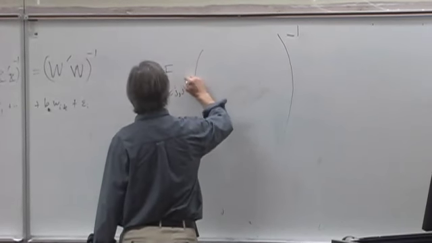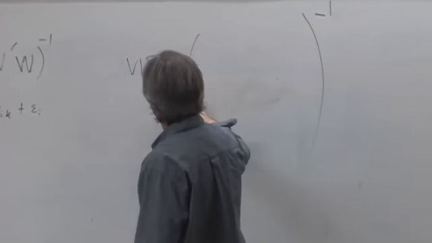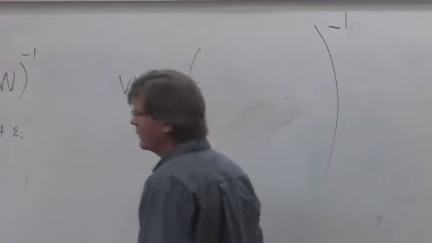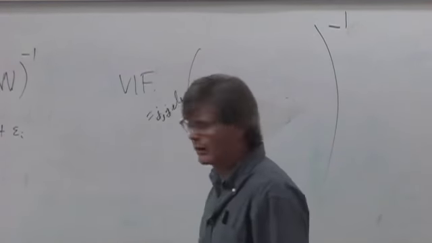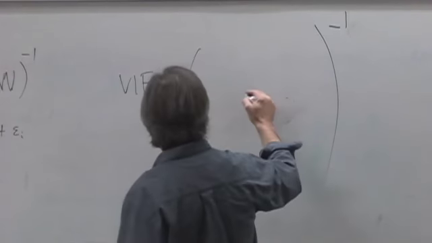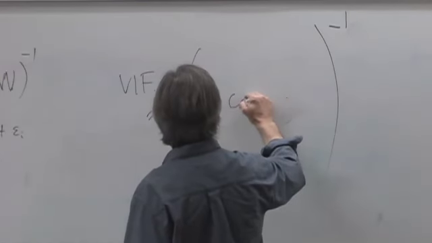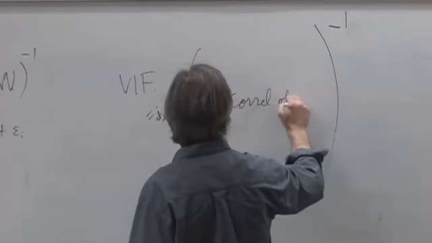Yeah, you can use regression of the jth regressor on the remainder. Take 1 over, and there's a formula for it. JJ element of this thing. This is the correlation matrix. Correlation of regressors.